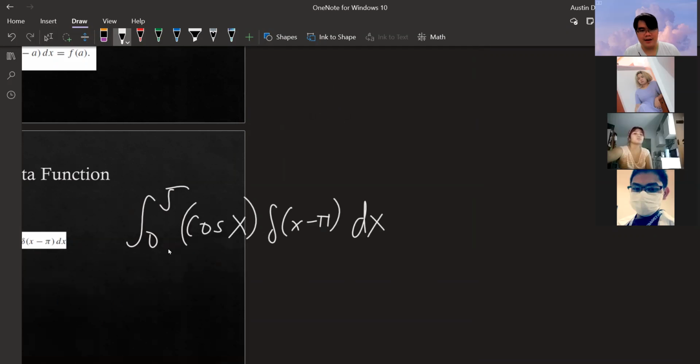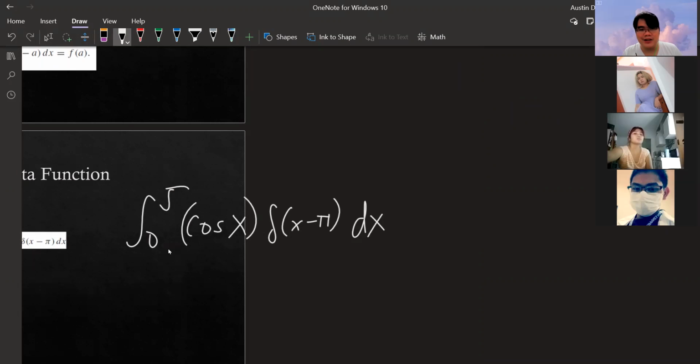Okay, let's investigate the argument or the value inside the parentheses of the Dirac delta. So, ayun, tawag natin sa mga nasa loob ng parentheses or yung function mo is the argument. So, ang argument ni cosine ay x. Ang argument ni Dirac delta ay x minus pi. Okay, so terms lang, terminology.